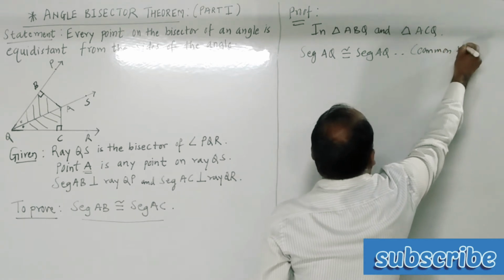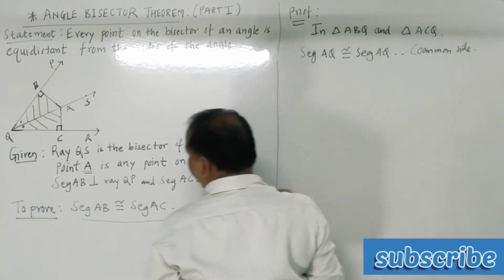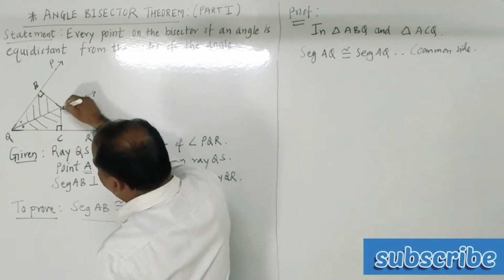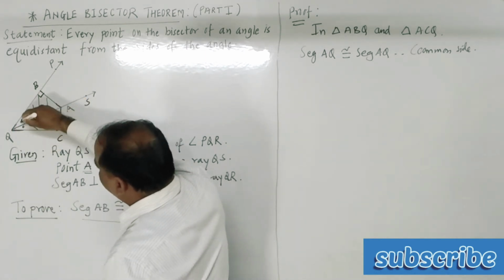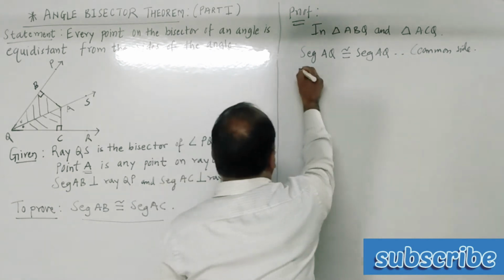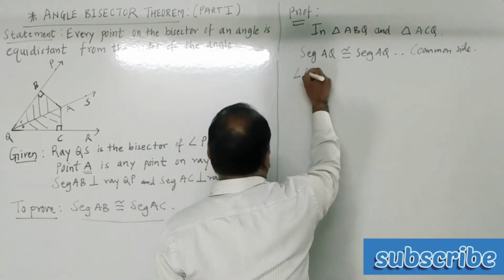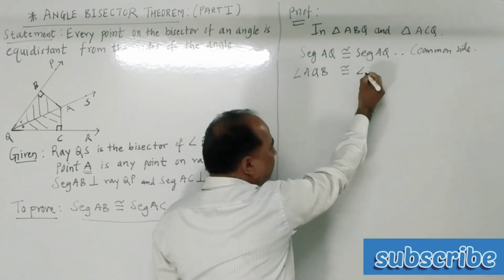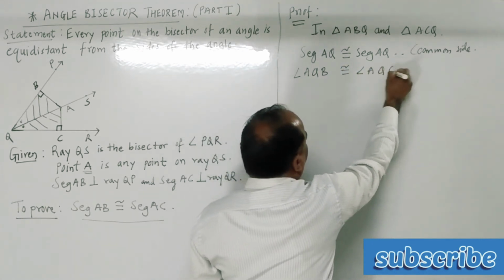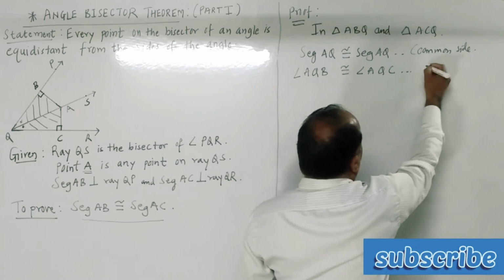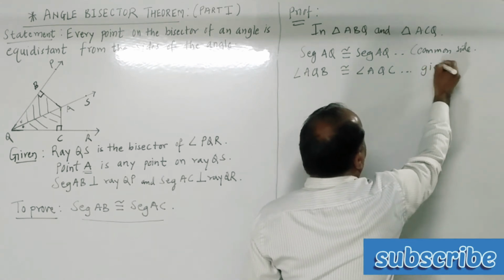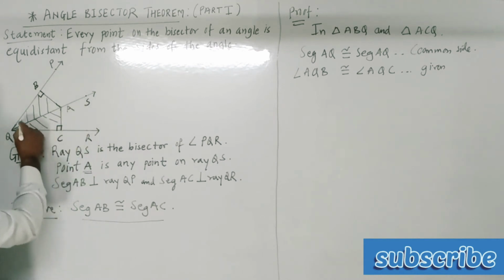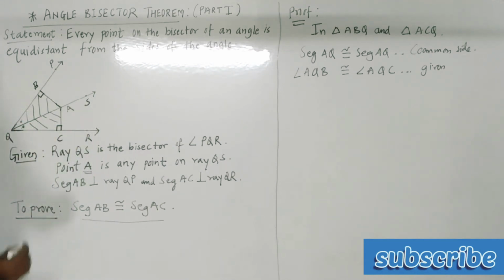Then angle AQB is congruent to angle AQC. It's given that ray QS is the angle bisector, so these two angles are congruent.